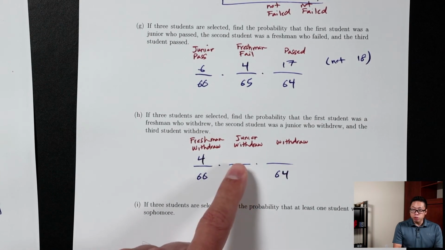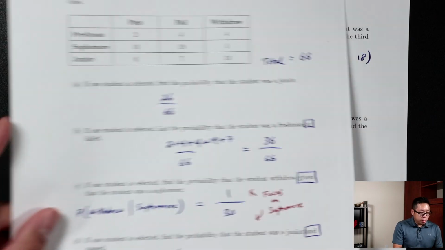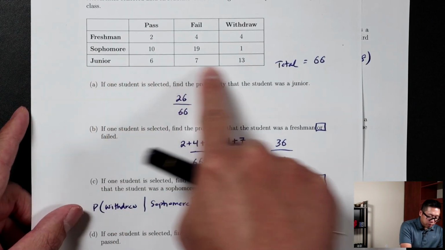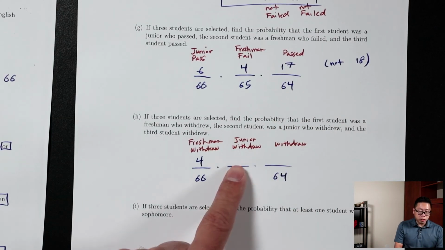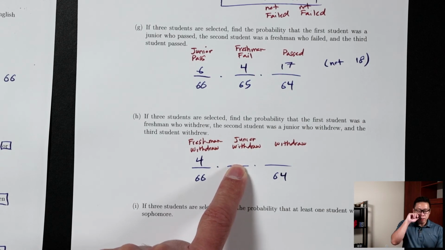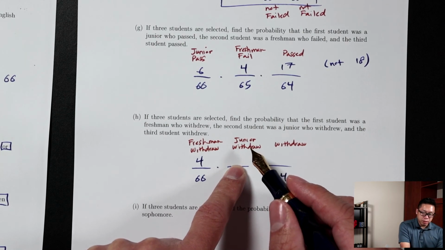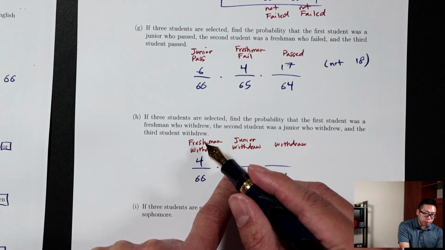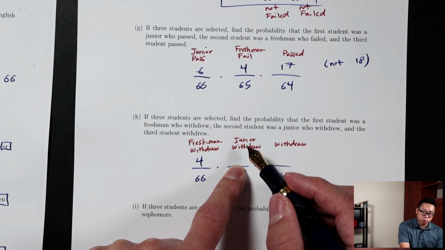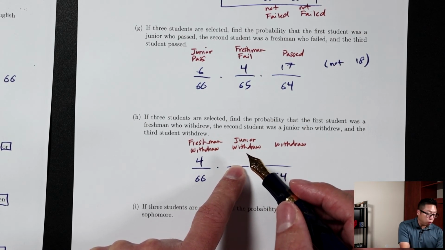Second fraction, junior withdrawal will be 13. Do I have to reduce? Have we used any junior withdrawals yet? No, we haven't, right? The first one was freshman withdrawal. We should have the full 13.